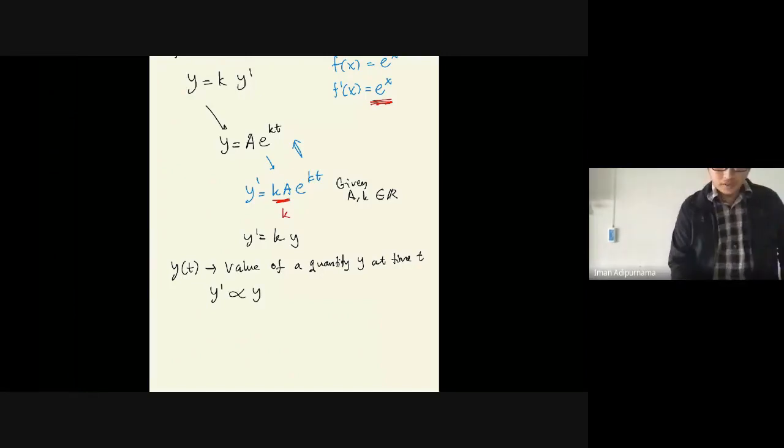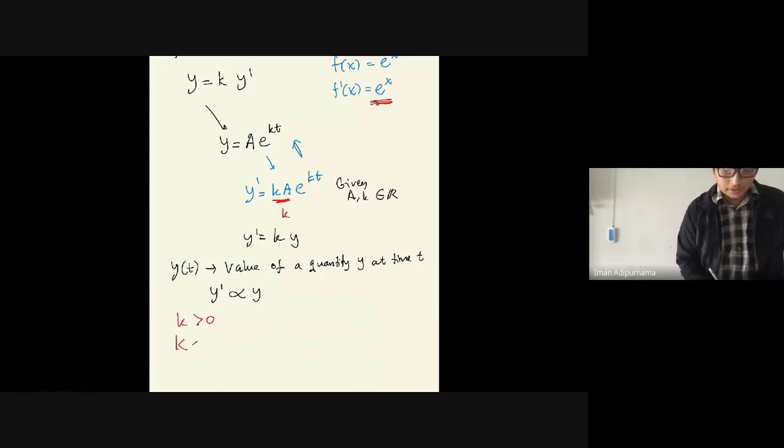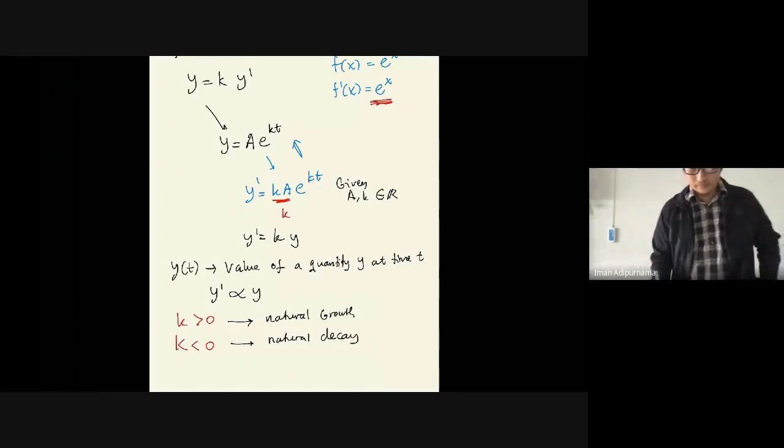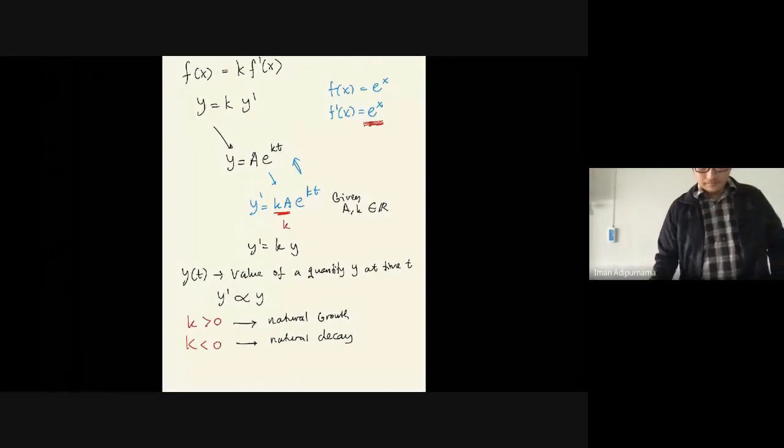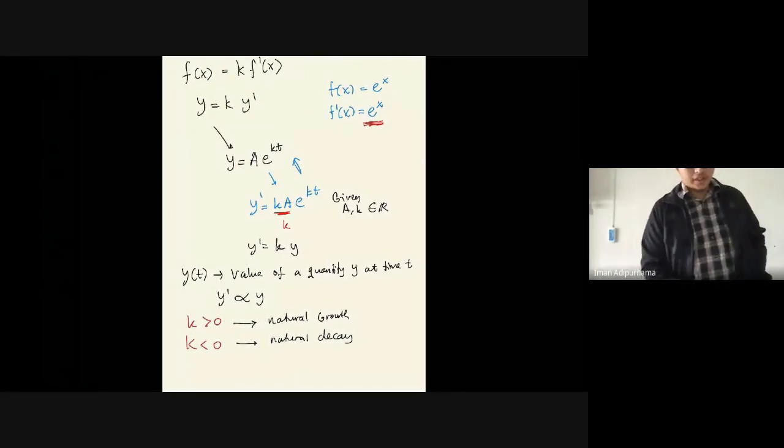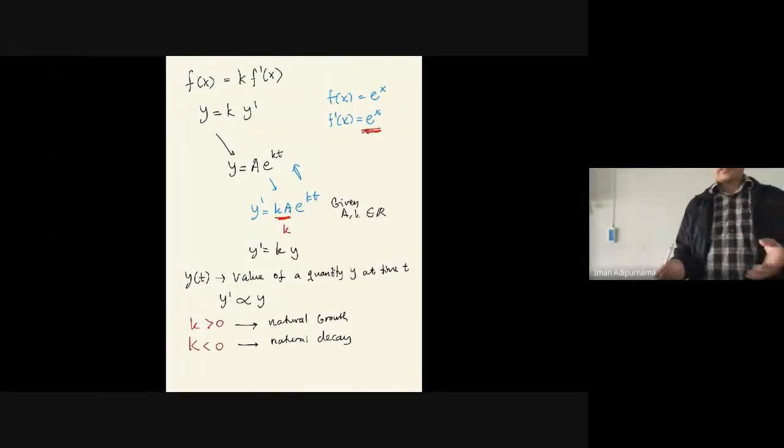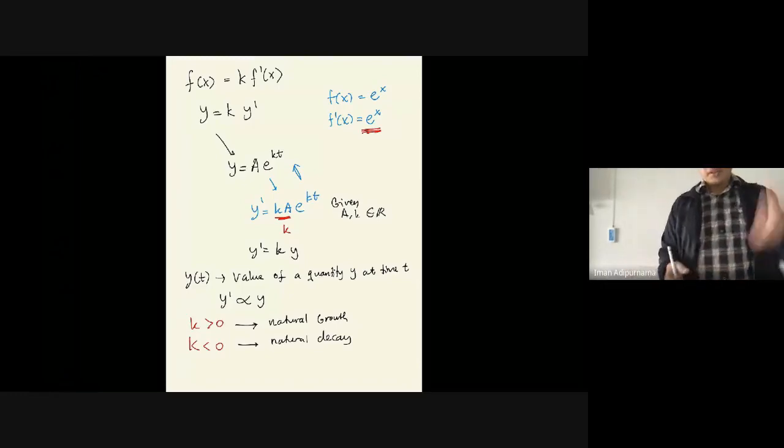Okay, and if k is greater than 0, this is natural growth, and if k is less than 0, this is natural decay. Okay, let me give you just one example. And if we have time, we can go back here because it's a short section.